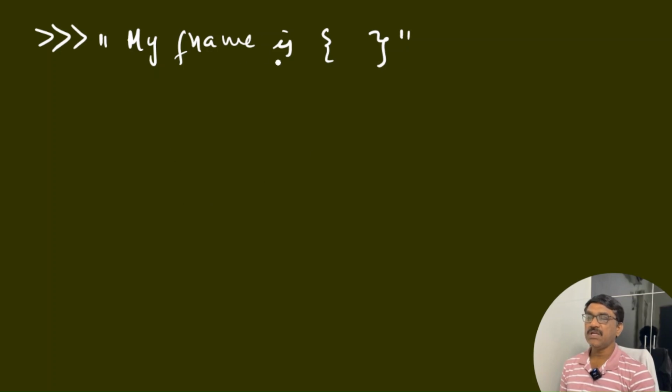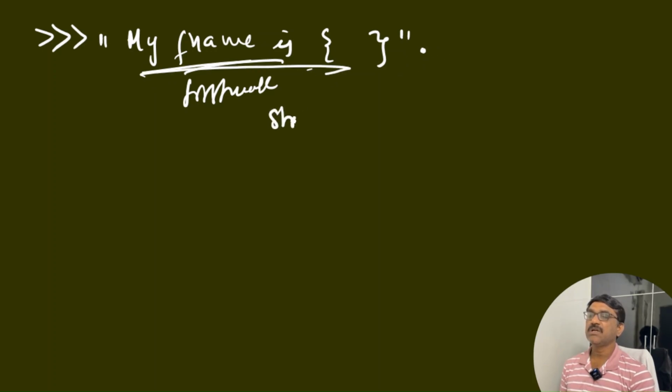My fname is, here you can write fname or first name. Whatever you want, you can write. Why? Because this is the predefined string, right? After writing the empty curly braces, you put a dot after the double quotes. This entire string comes under str. Now dot, here you have to use format, dot format.